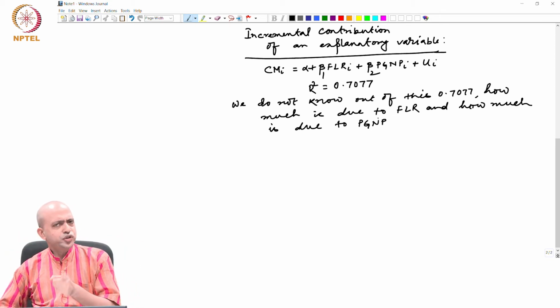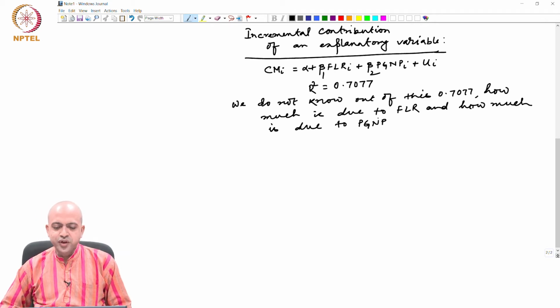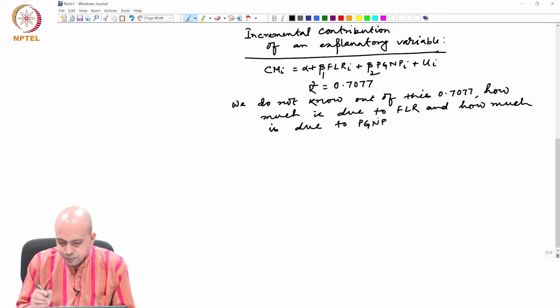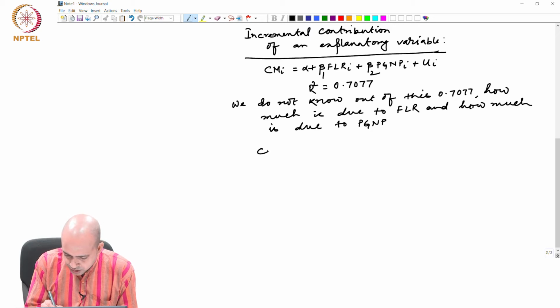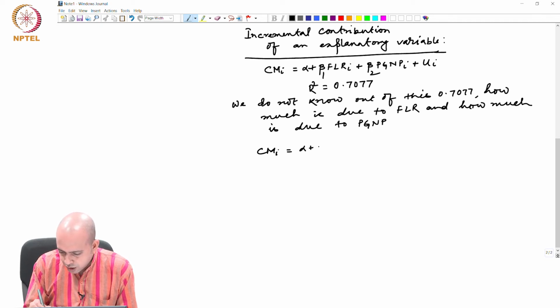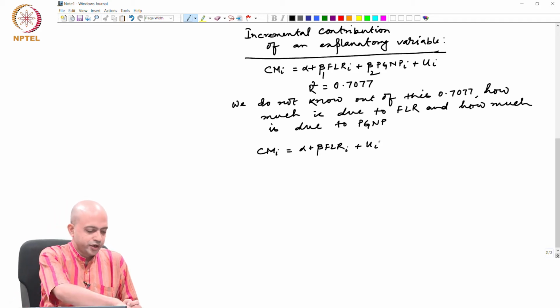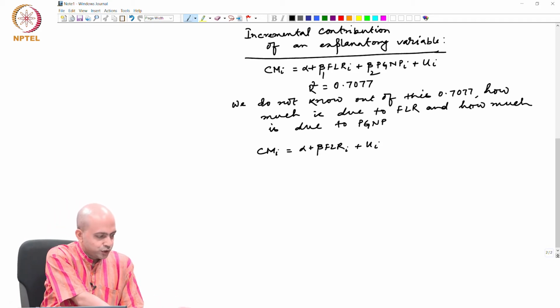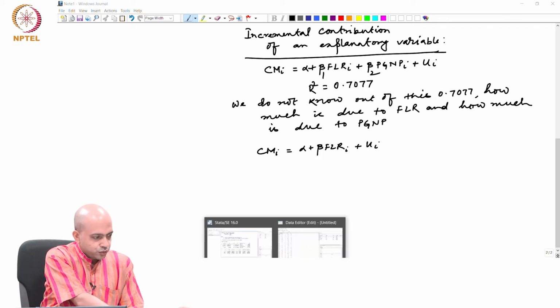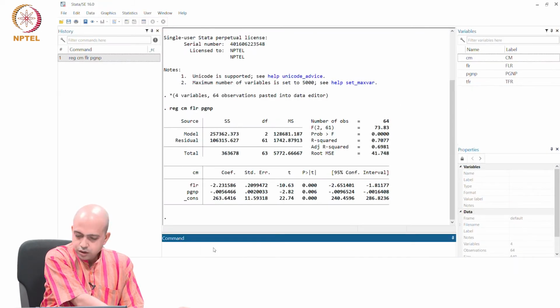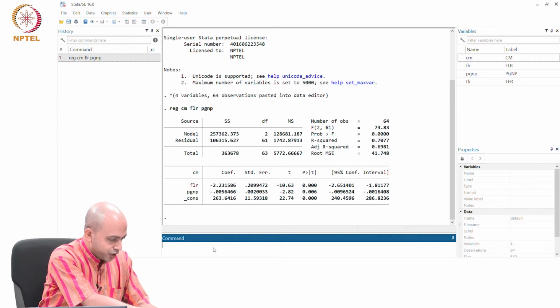Now, suppose we are including the variables sequentially. So, first we will estimate CM equals alpha plus beta 1 FLR. This is the model. So, we will run this model, regress CM on FLR, and note down the R square.